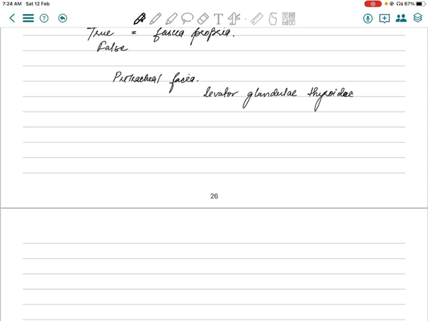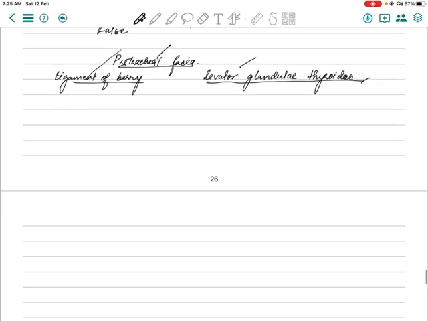So we have the ligament of Berry, the posterior lamina of the pretracheal fascia, and the levator glandulae thyroideae. These are the three structures that help in the movement of deglutition.